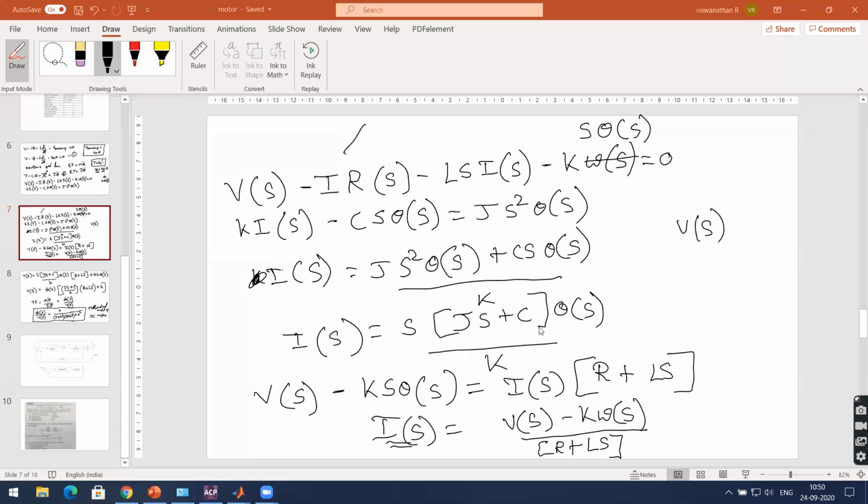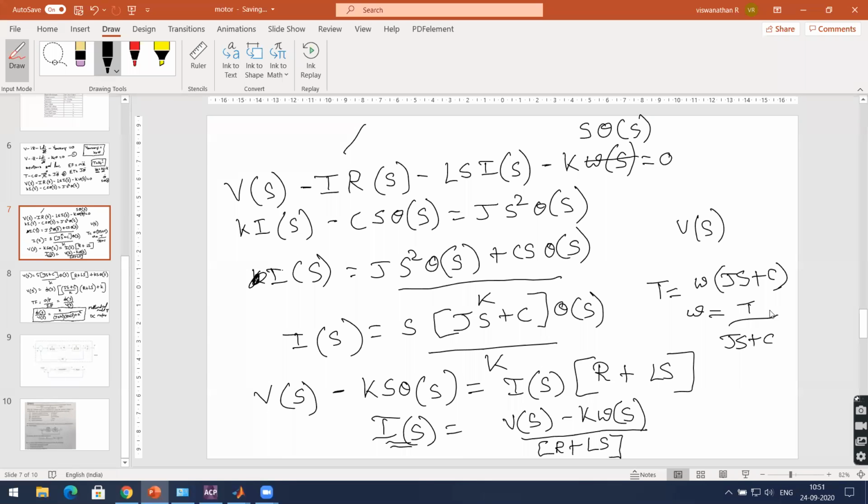K into I is torque, divided by omega into Js plus C. Omega into S into theta of S is omega multiplied by Js plus C. Is it correct? But you need omega. Omega is equal to torque divided by Js plus C.